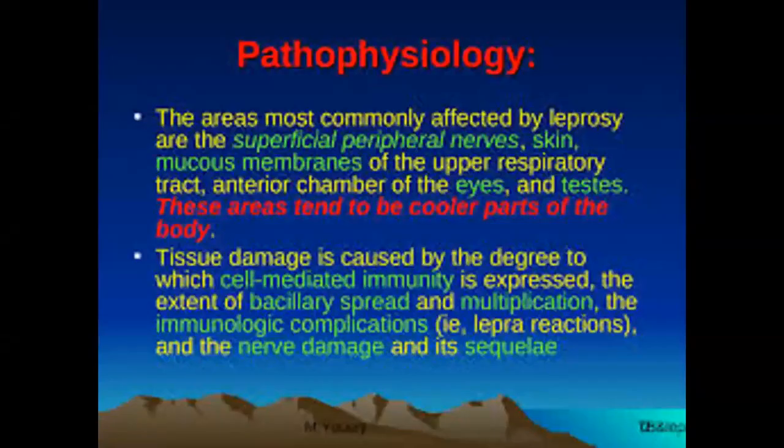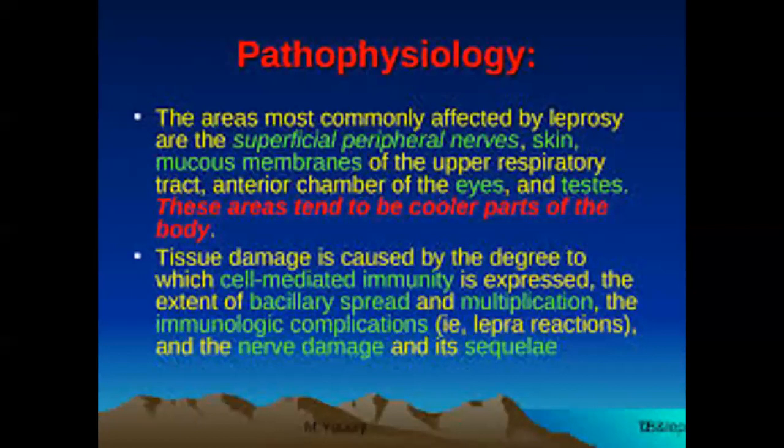For the pathophysiology, the areas most commonly affected by leprosy are the superficial peripheral nerves, skin, mucous membranes of the upper respiratory tract, anterior chamber of the eyes, and testes. These areas tend to be cooler parts of the body.